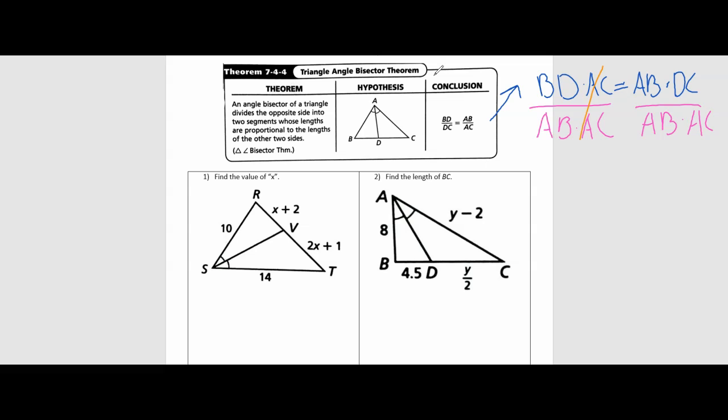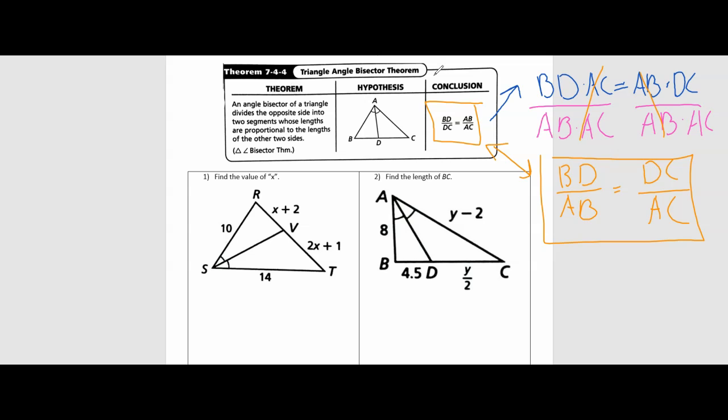Well, these would simplify, so I get BD over AB is equal to DC over AC. So again, these two right here are algebraically equal. They're just written in different ways.